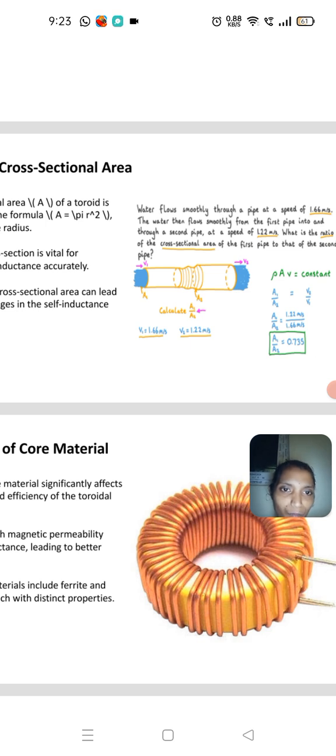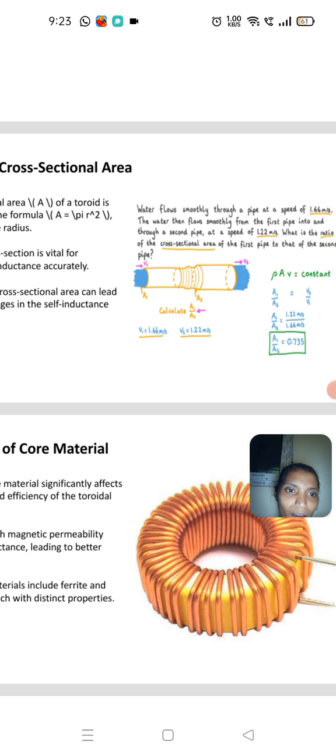Water flows smoothly through a pipe at a speed of 1.66 meters. The water then flows smoothly from the first pipe to a second pipe at a speed of 1.22 meters. What is the ratio of the cross-sectional area of the first pipe to that of the second pipe?